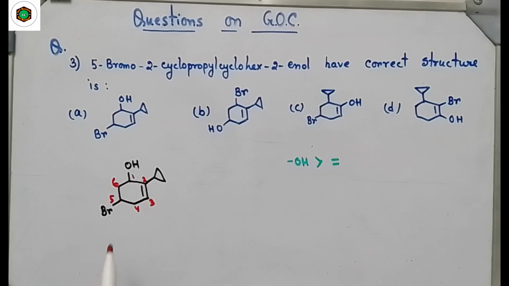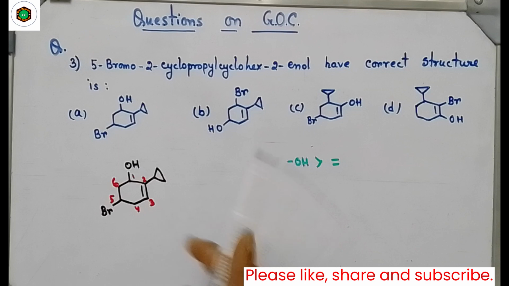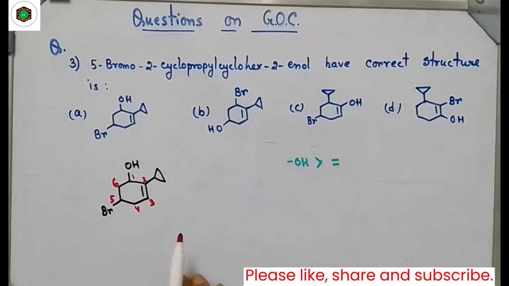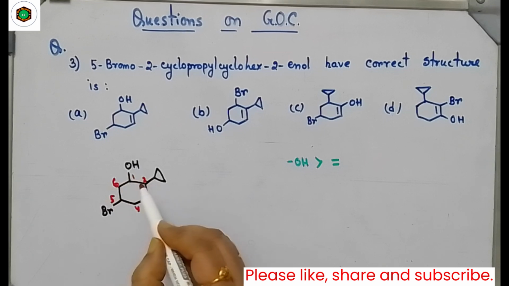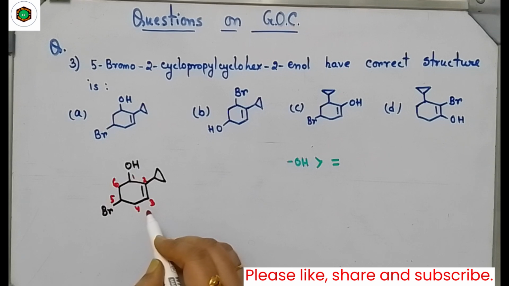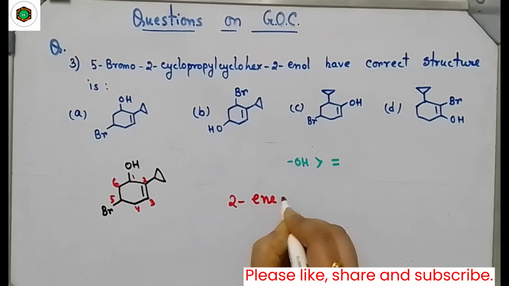Now see, first we have to write the names of the substituents. So 5-bromo, at 2 position a cyclopropyl group is there. The main ring is having 6 carbon atoms and it is cyclic. So cyclohex. At 2 position a double bond is there, and at 1 position ol is there.